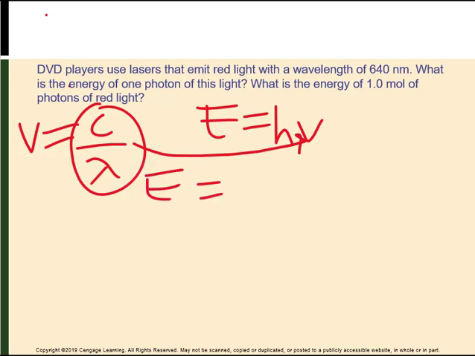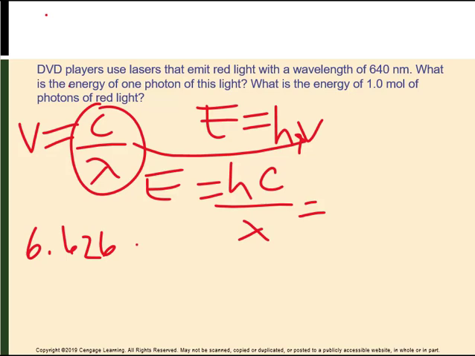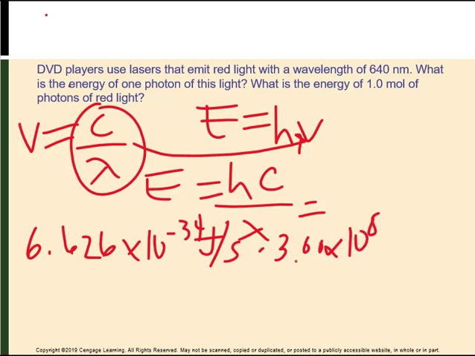So E is equal to h times c over wavelength. Now we can plug in our Planck's constant, which is 6.626 times 10 to the negative 34th joules per second, and then we're going to multiply by the speed of light, 3.00 times 10 to the 8th meters per second.